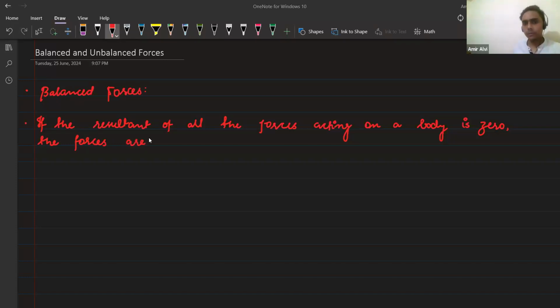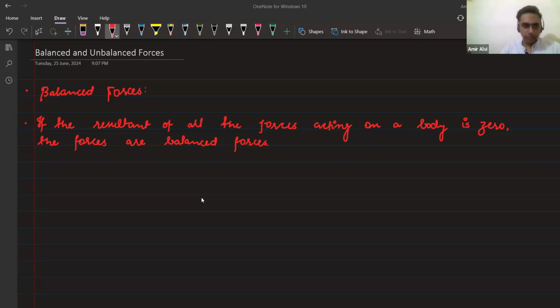Clear, everyone? The forces are balanced forces if the resultant of all the forces is zero. Clear? Bolo clear? Sure, that's good.